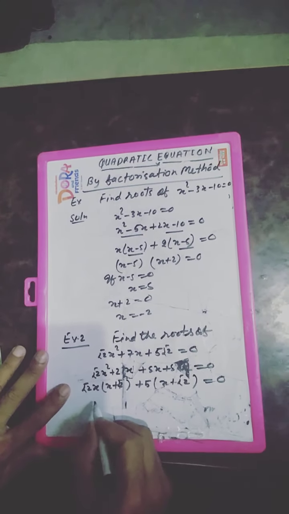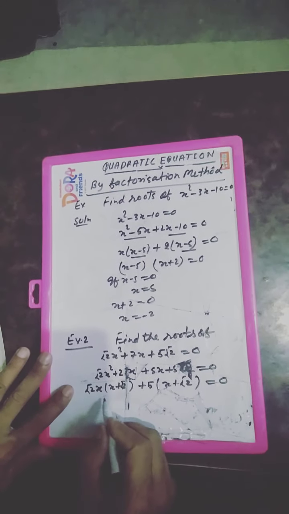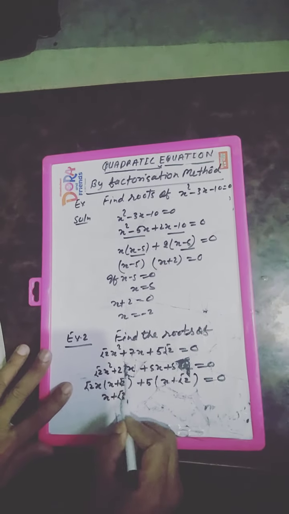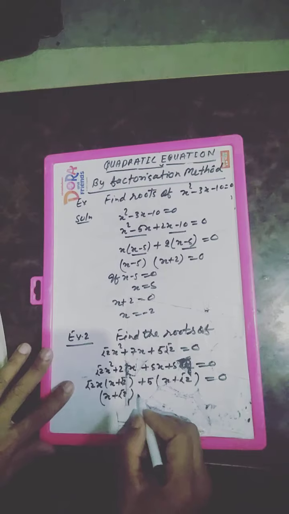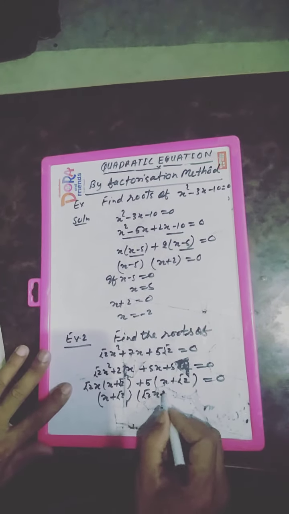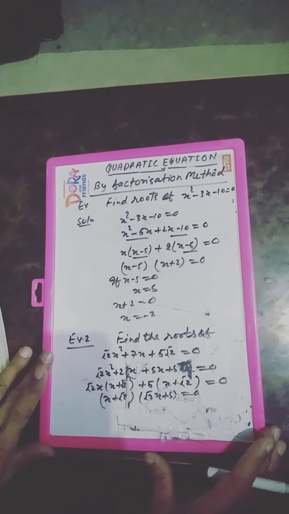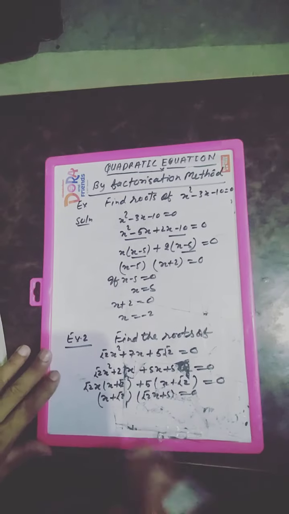So overall common is x plus root 2, and the remaining we can write in the second bracket. So the factors of the above expression are x plus root 2 and root 2x plus 5.